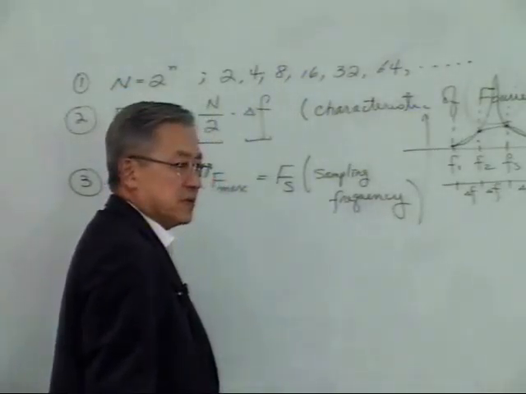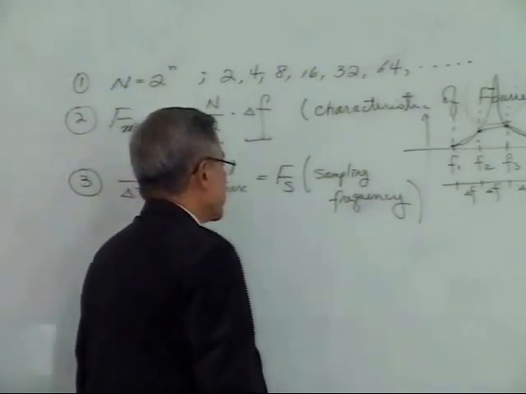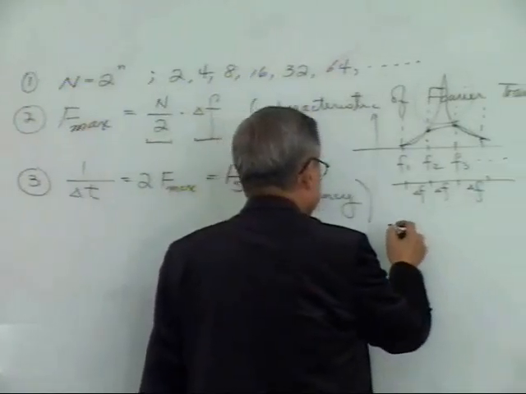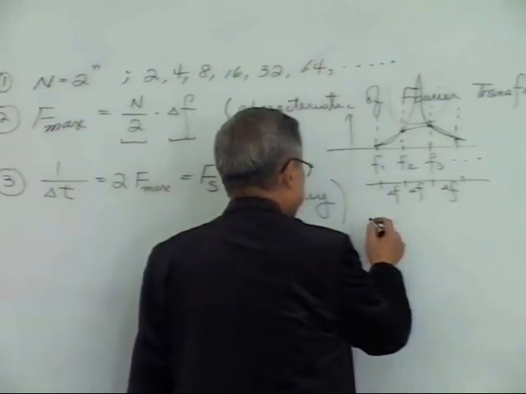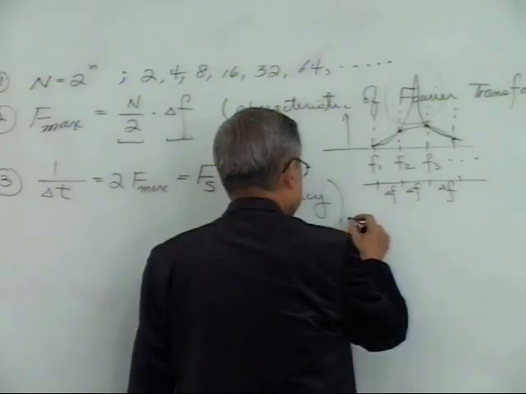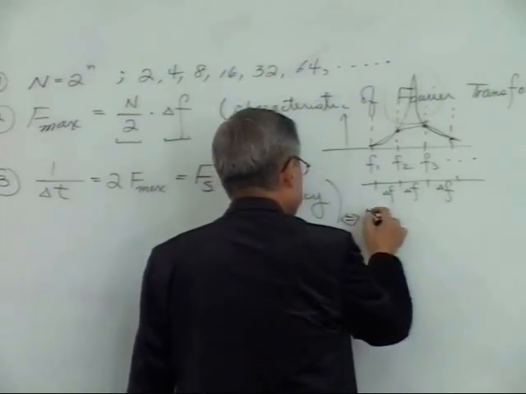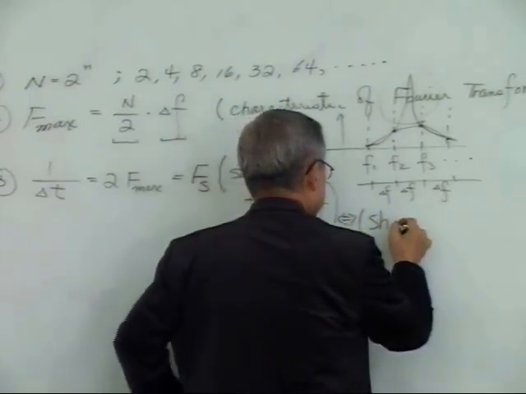Sampling frequency is twice the maximum frequency in the analysis. This is all proved by Shannon's theorem.